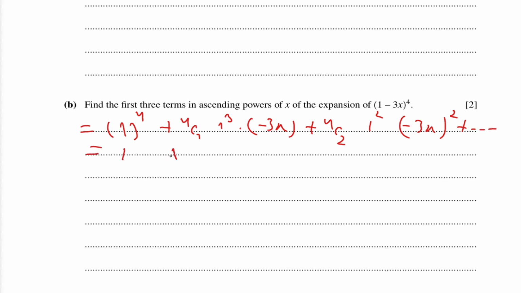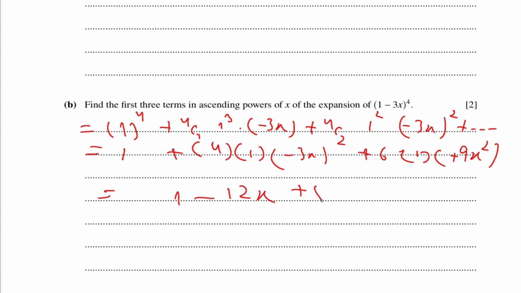Now from 4 times minus 3x and 6 times (minus 3) squared, which is 9, we will get 9x squared. Next up will be 1 minus 12x plus 54x squared.